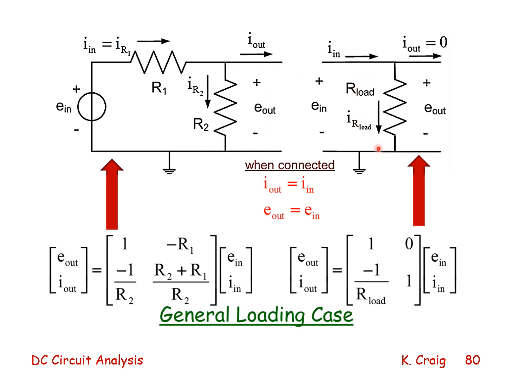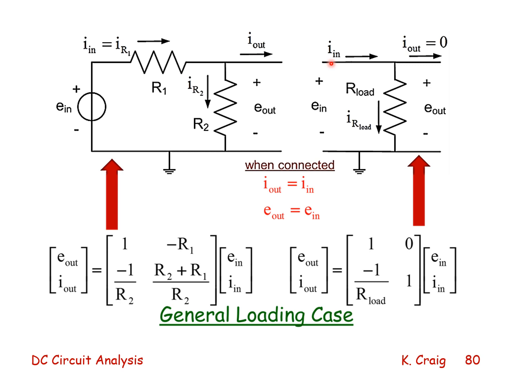Then we have our real voltmeter, which has an input current and an input voltage, and the output current into the ideal voltmeter is equal to 0. So when I connect the voltmeter to this voltage divider, E out is the same as E in, I out is the same as I in.